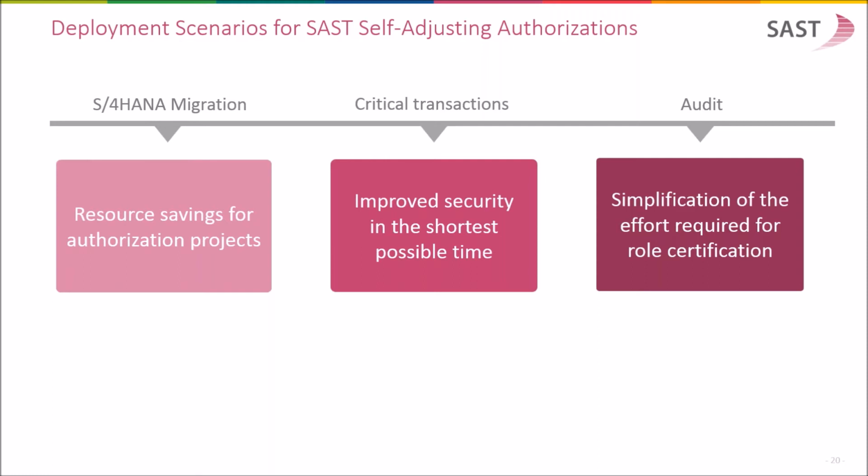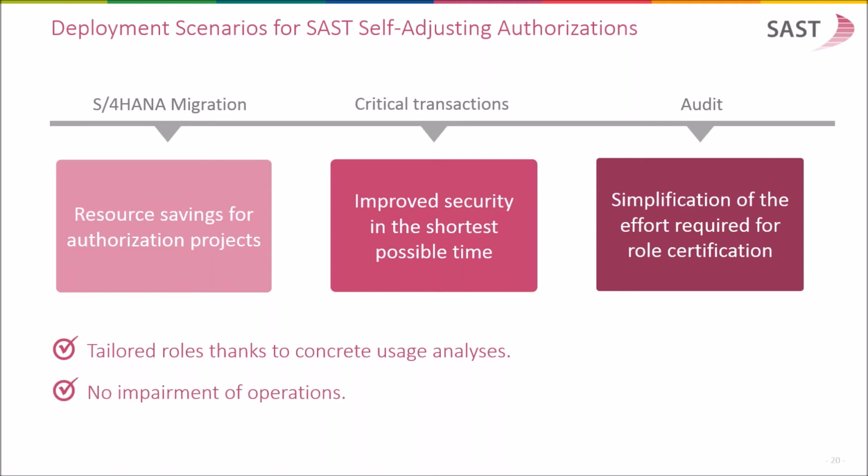And for these migration activities, we are reducing the number of transactions dramatically. And this is what RENK also monitored, that the number of used transactions is still up to 5 or 10, 15% at this stage. So the roles will be tailored as slim as possible to the concrete usage. So we have no impairment of operations and transparent roles without unwanted side effects.